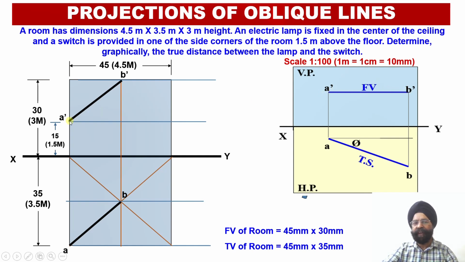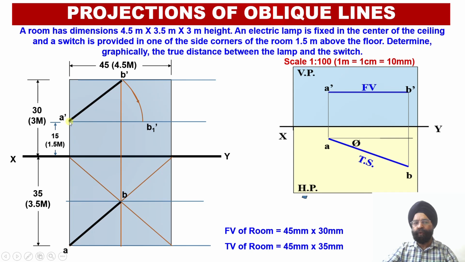So we should have our compass point or the needle point at A dash. We will be opening the compass equal to the distance A dash, B dash, and then rotate this apparent length projection in such a way that this point B dash is rotated such that A dash, B1 dash becomes parallel to the horizontal plane.